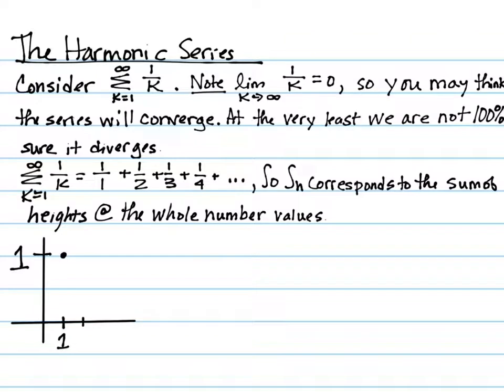And then I have 1/2, right? So this is 1/2. And then I'd have like 1/3. And then I'd have 1/4, and it looks like these. They're not connected because this is a discrete function. We're actually adding these things together, right? So for the purposes of the summation, these are discrete values.